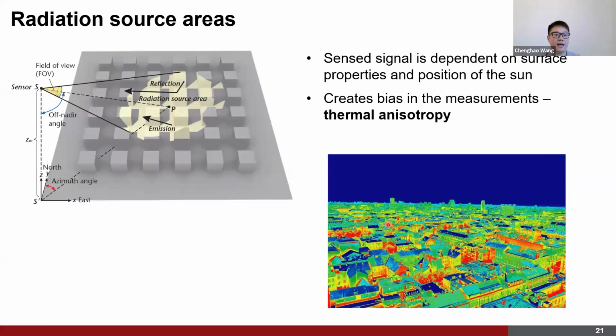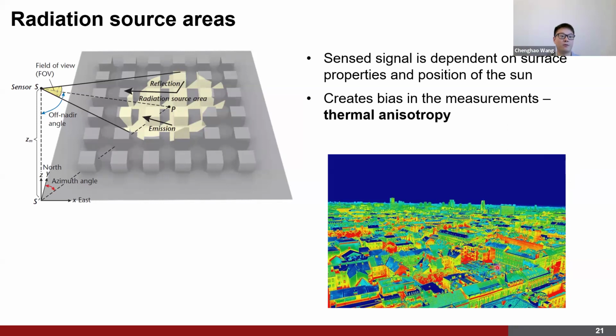This is especially the case if we are using a thermal camera to measure some surface temperature of an urban neighborhood, because when the sensor is pointing toward only a portion of this urban neighborhood, we might see large variations in terms of the surface temperature we measure over this vertical surface, especially walls. When the position of the sun changes, when we have different solar elevation angle, the radiation reflected by these vertical surfaces can also largely change.